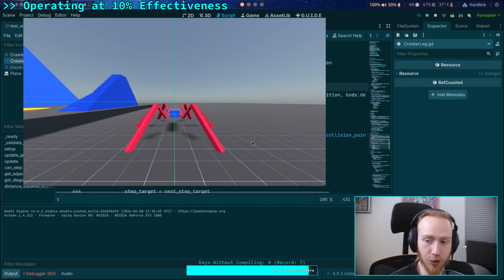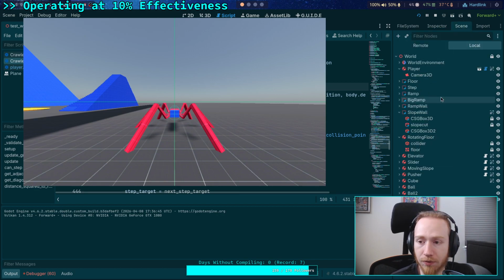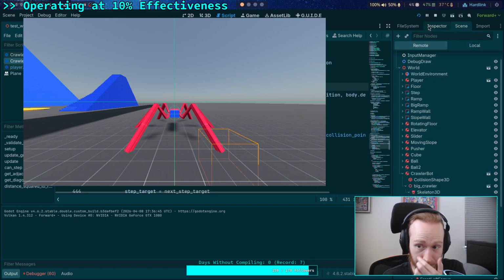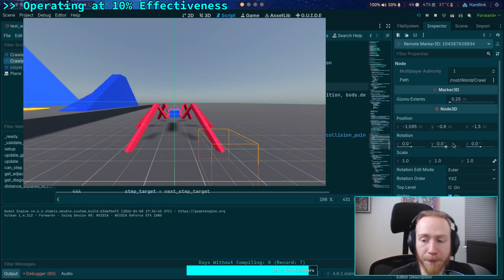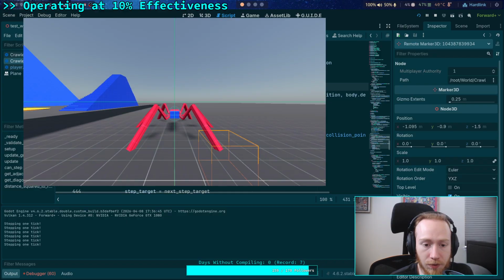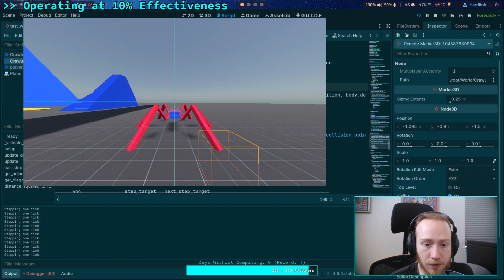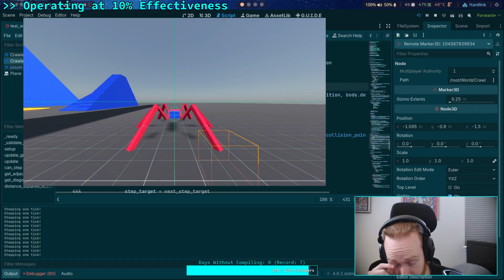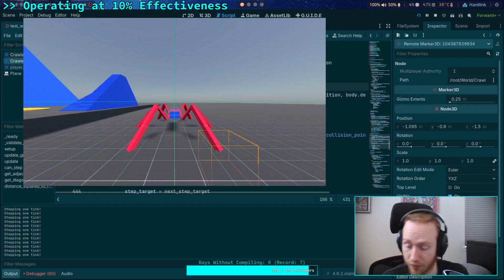The legs are immediately going straight into the ground. See it. Why are they not maintaining their global position?